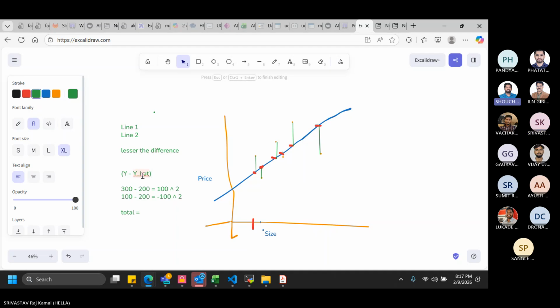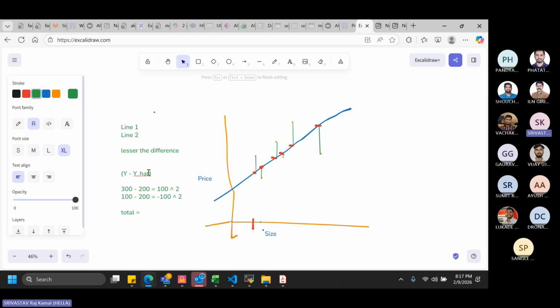It should be y minus y hat, whole square, because y square minus y hat square, a square minus b square, would be a plus b times a minus b, which does not make sense.